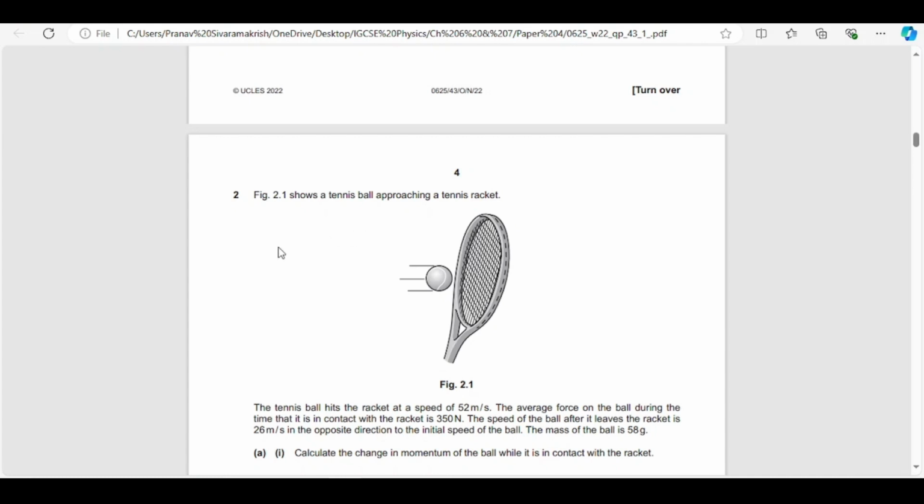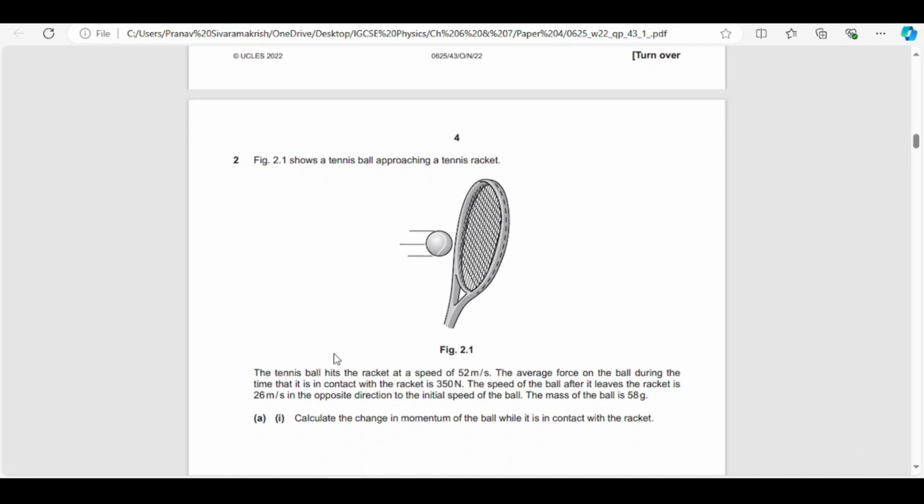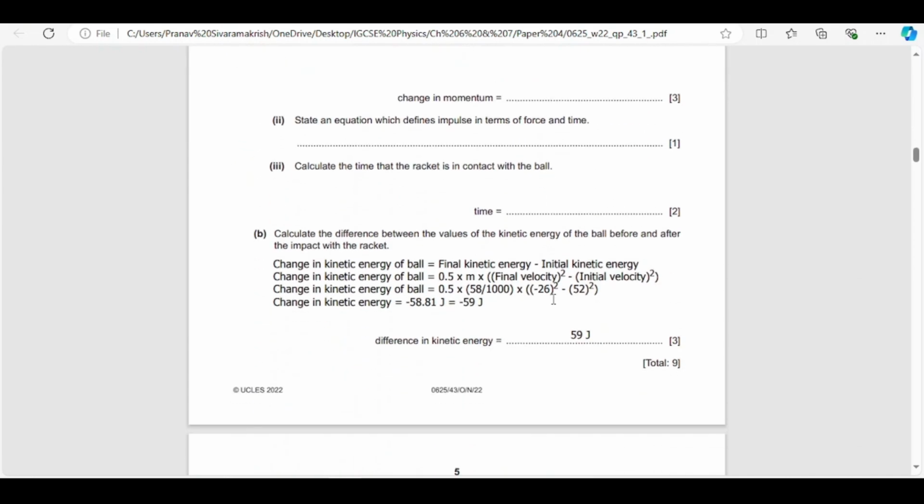Because it travels in the opposite direction, that has to be denoted with a negative value. So that's why we give it minus 26, and then we subtract 52 squared. This gives us a value of minus 58.81 joules, or a total value of 59 joules. That is the difference in the kinetic energy before and after collision of the ball.